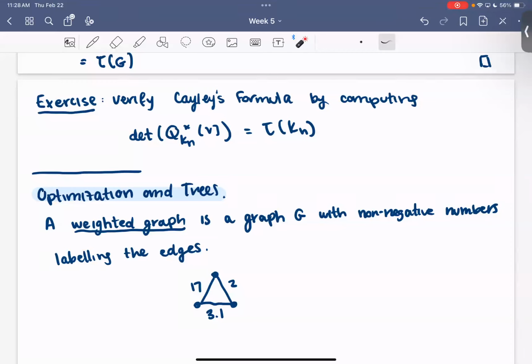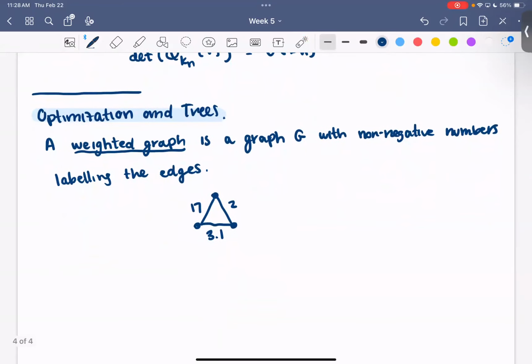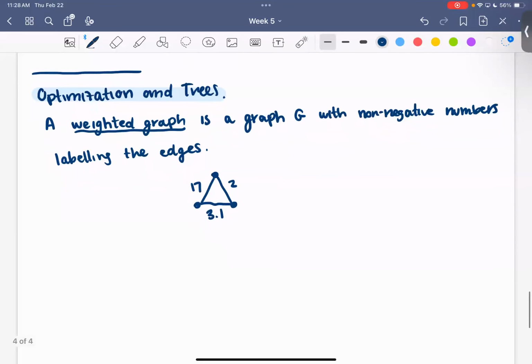Maybe you want to build a subway system that hits all these different locations, so you need a spanning tree, and you want that spanning tree to have least total distance or something like that. Anyways, I'm going to talk about, well, I don't know how much we'll get through, maybe one algorithm relating to spanning trees. So the first one, and if we don't do the second one today, then we'll do it next time, is called Kruskal's algorithm.